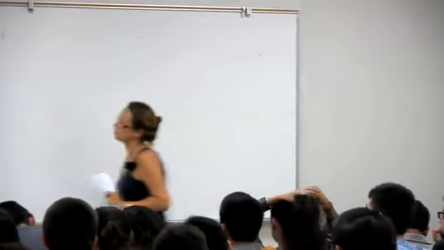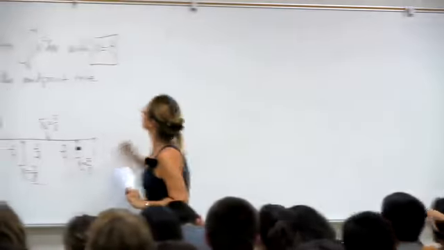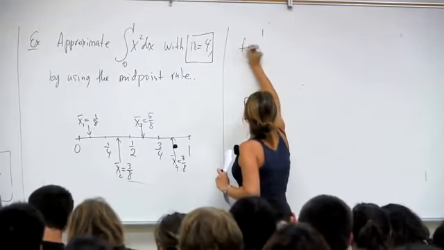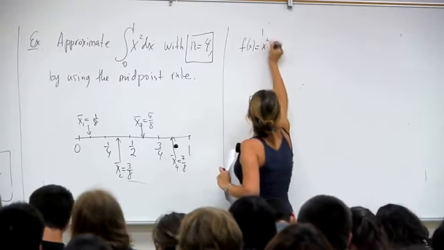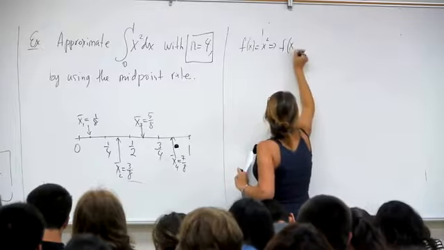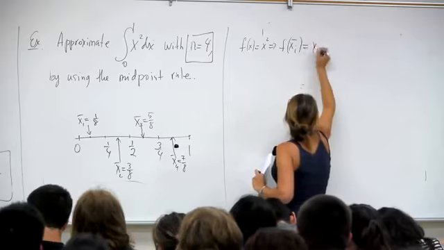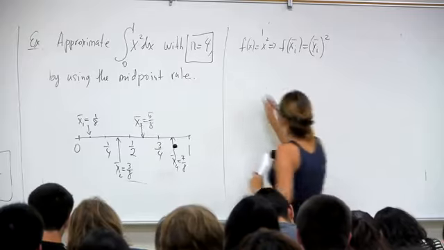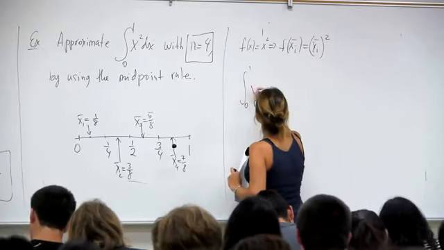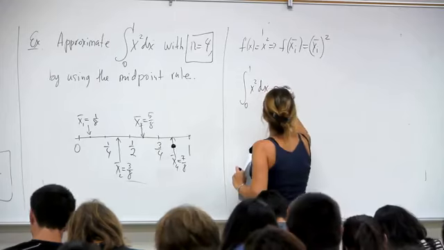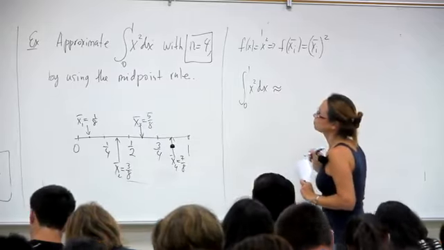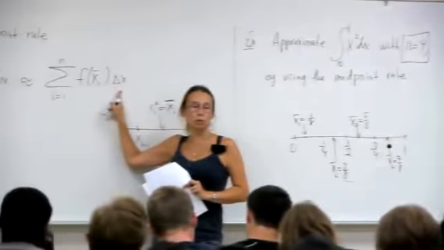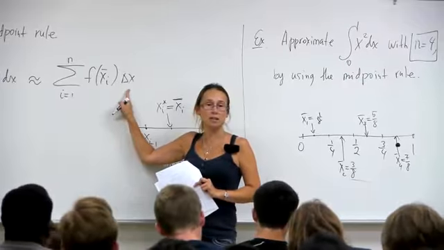We have to evaluate the function at these 4 points. And the function is x squared. So f of x is x squared. So f of xi is just xi squared. So we can say that the integral from 0 to 1 of x squared dx is approximately equal to, okay? Each term here will contain the multiplier delta x.